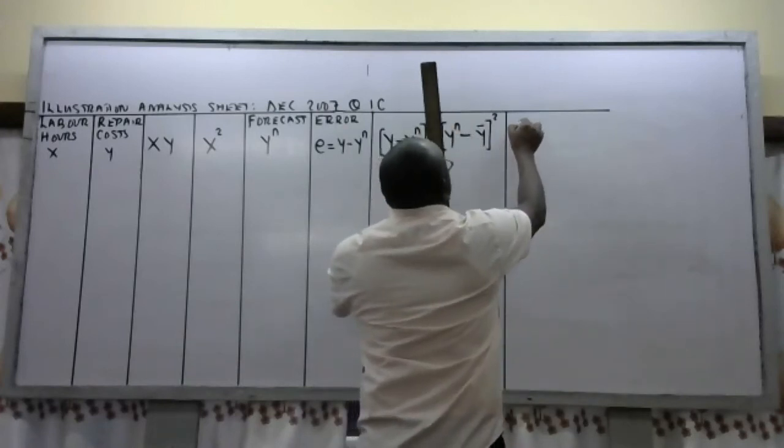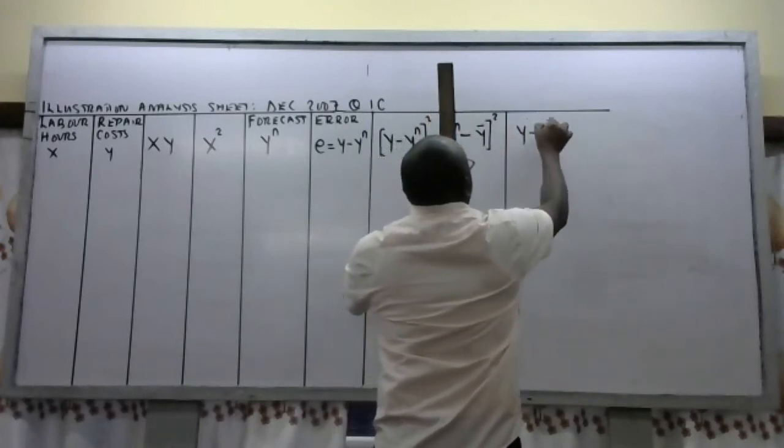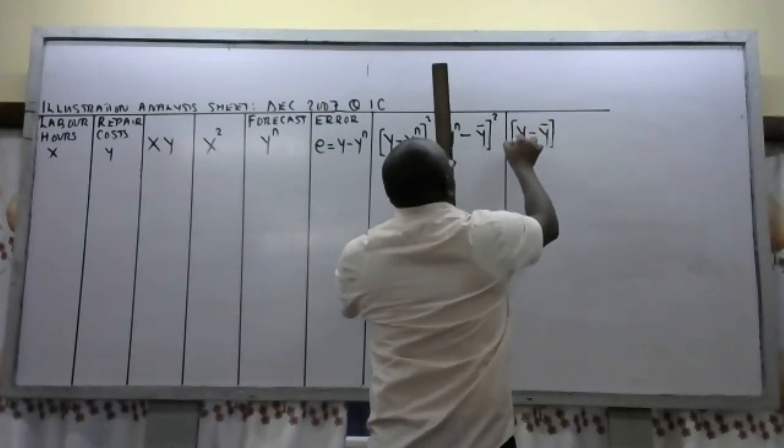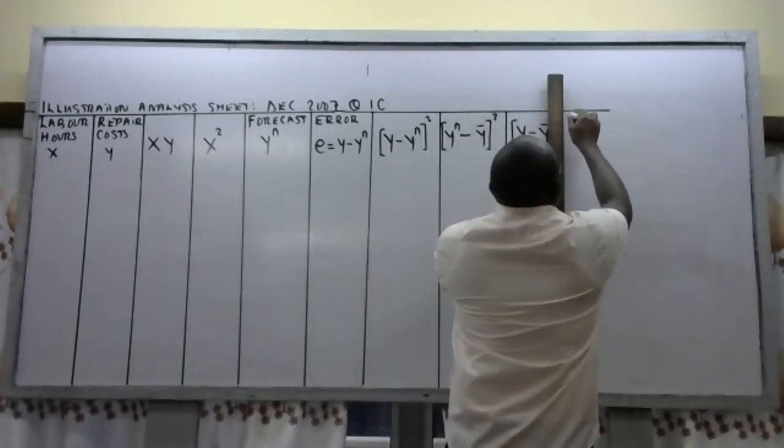Then you have Y minus Y bar, you square this.